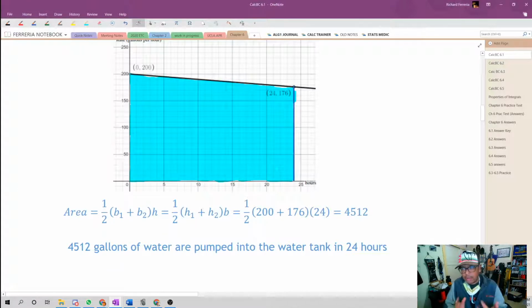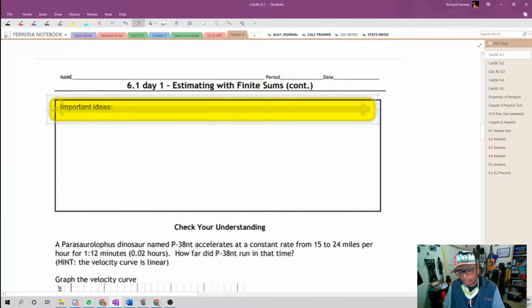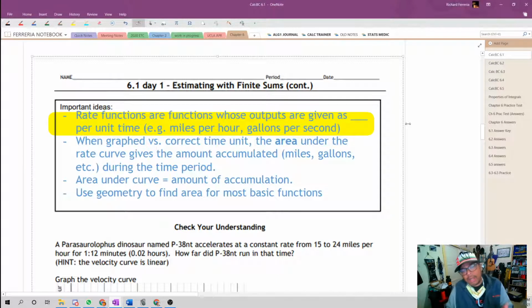And this is all we needed to learn for today. We are already at our important ideas. So what are the important ideas? The first thing I want you to think about is, what is a rate function? A rate function is a function where the output is some unit per time, like miles per hour or gallons per second.